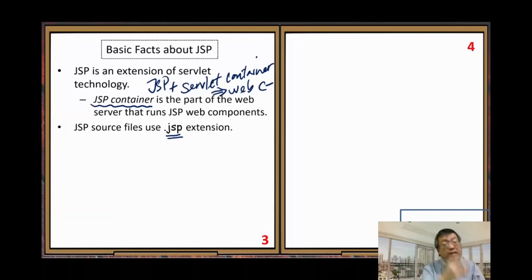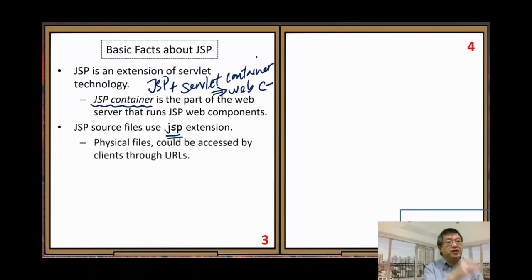If you use an extension other than .jsp, then the Java web server won't treat it as a JSP file, so it won't do the appropriate processing on your JSP files. What kind of processing? We will go there, because the web container needs to do a lot of things on JSP files. All right.